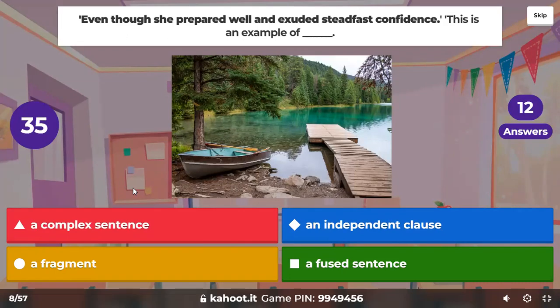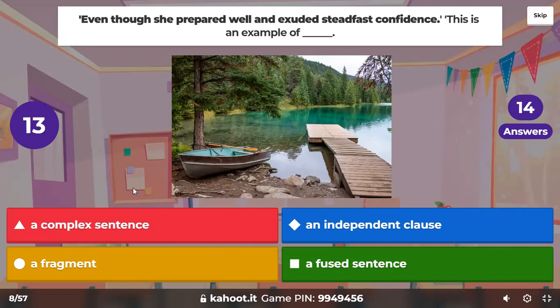Fragment. Don't care about the meaning. Care only about verbs and connectors. That's it. The meaning here is not important because we're dealing with grammar, not vocab.